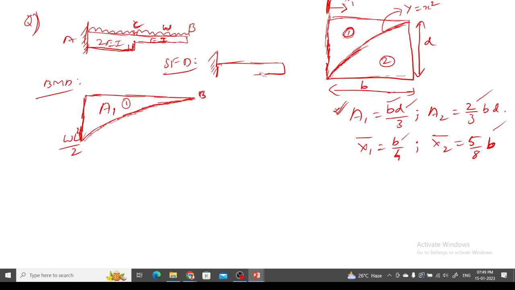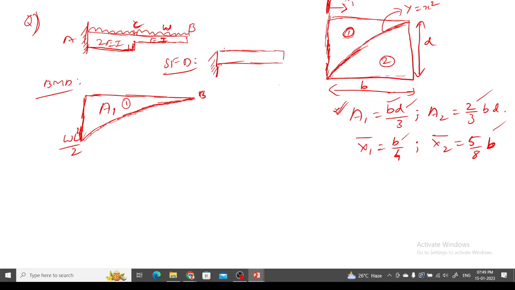So it should be a rectangle. A triangle with constant slope. Either it should be like this or like this. In case of a rectangle, it will represent zero intensity, like point loads.